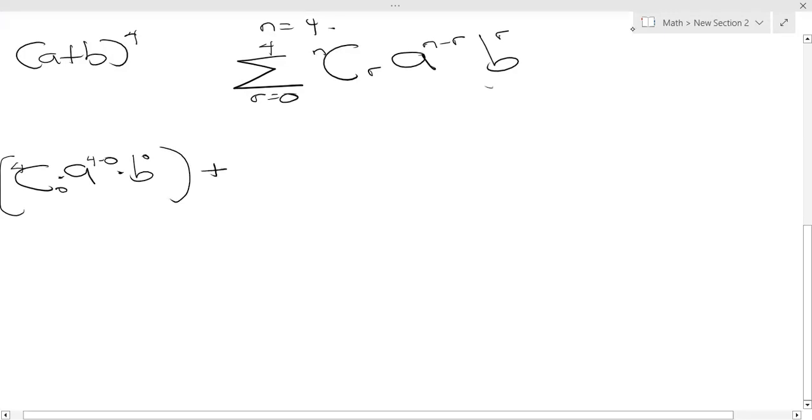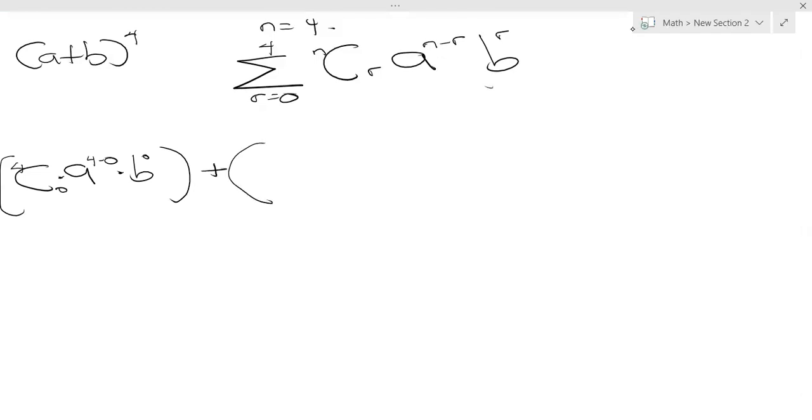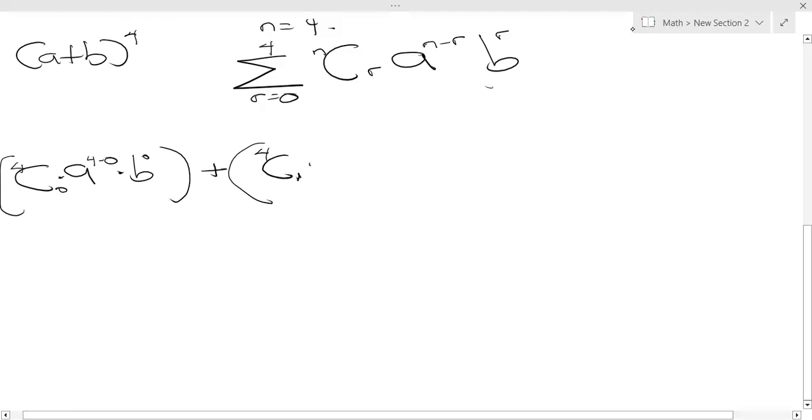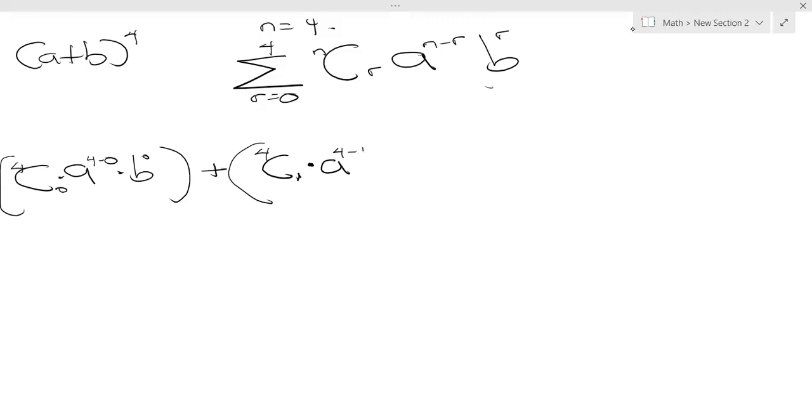Now we continue, plus, sorry about my pen, I don't know why it's shaking like this. The next one will be 4 C, what comes after 0? 1. 4 C 1 dot a raised to power 4 minus 1, b raised to power 1.